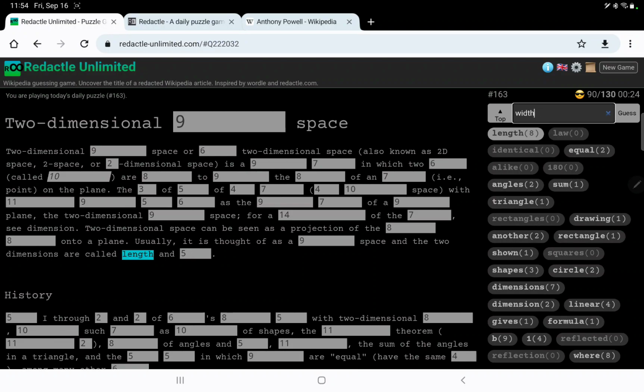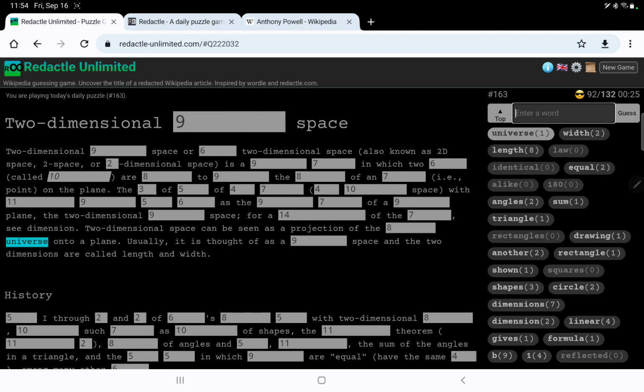Aha. And width? Okay. As a something space. Oh. Um, a projection of the something onto a plane. Oh, maybe the universe?